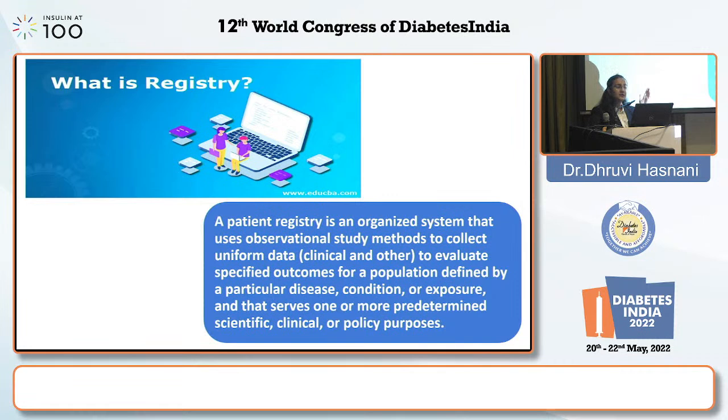It could be type 1, it could be hyperglycemia in pregnancy, it could be type 2 diabetes, it could be FCPD, any particular disease, condition or exposure that serves one or more predetermined scientific, clinical and policy purposes. Now, it is important to understand policy purposes.